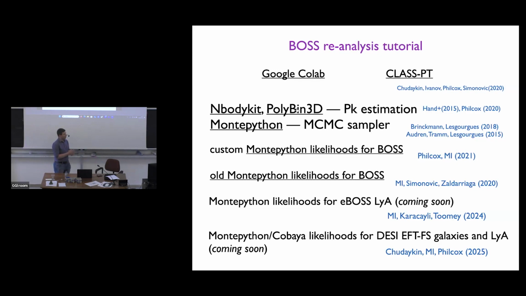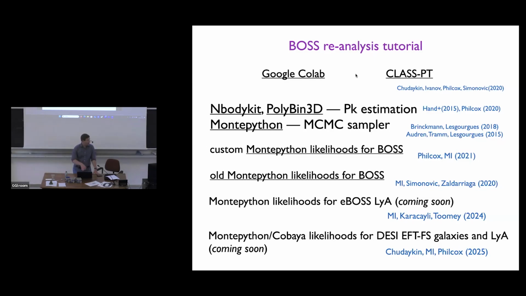Maybe I should say first that there is a Google Colab. This slide contains the links to all these different parts of the analysis that I'm going to show, and this Google Colab is one of them. And then there will be other links that you will see explicitly, directly to some of these important software codes that will be needed.